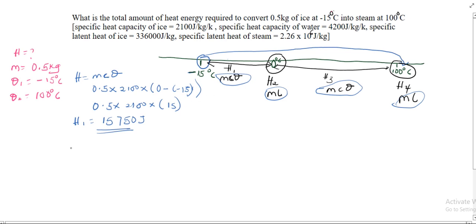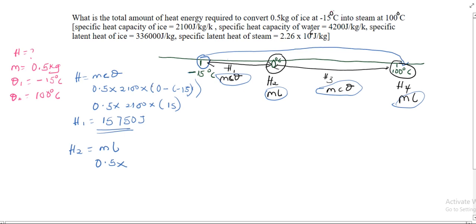Now let's get our H2. Our H2 equals ml, where m is the mass of the ice, which is 0.5, multiplied by L. L now will be the specific latent heat of ice. That is the heat required to change the state of ice from its solid state to its liquid state without a change in temperature.